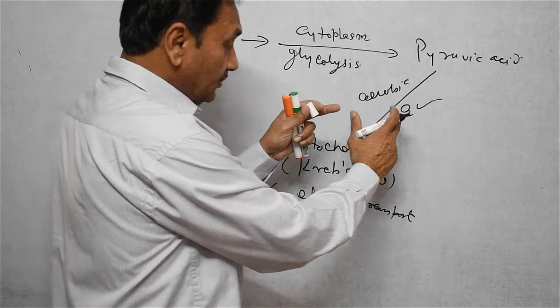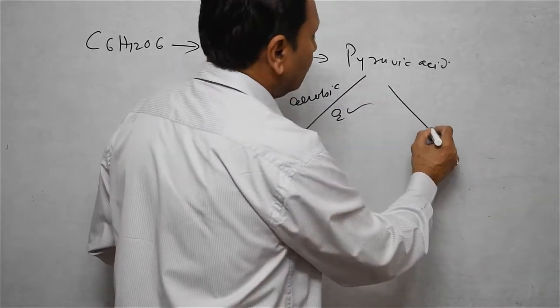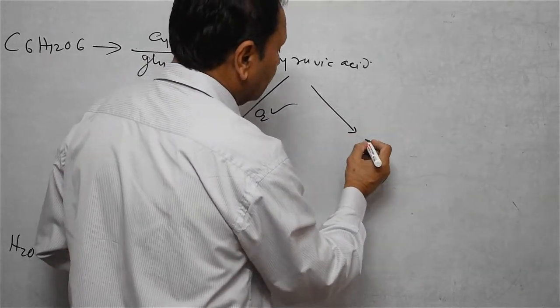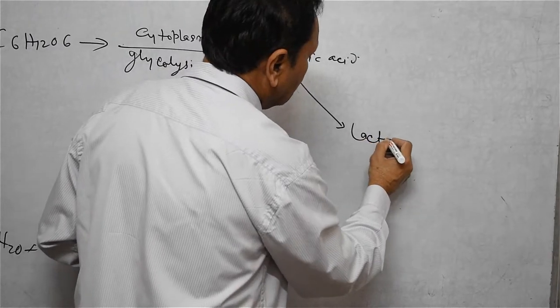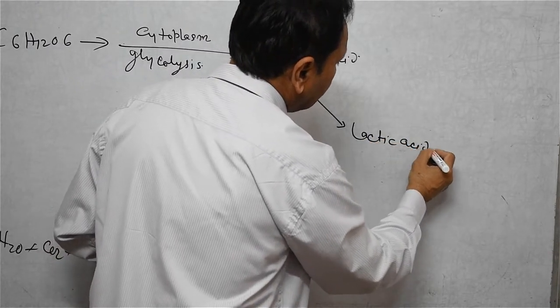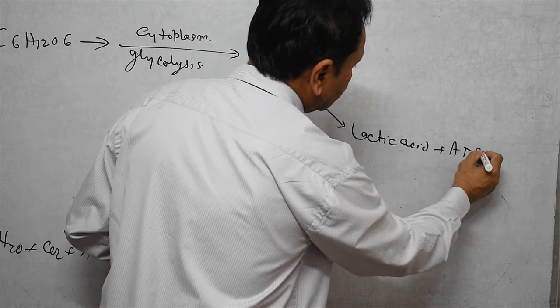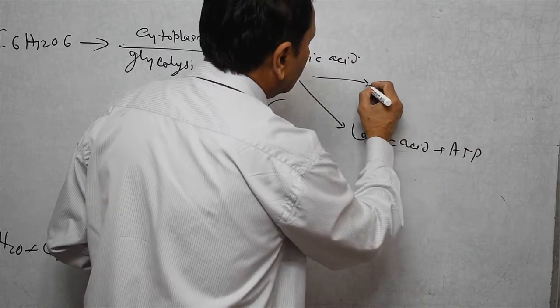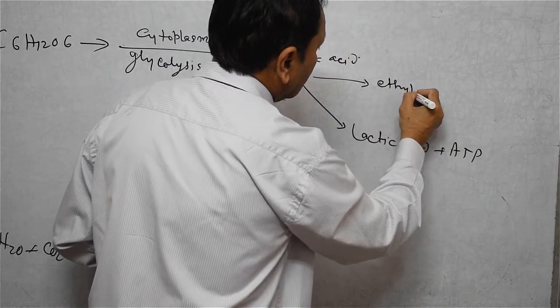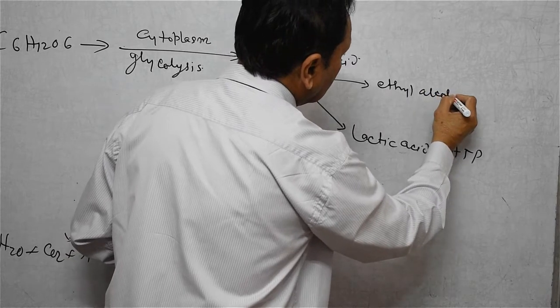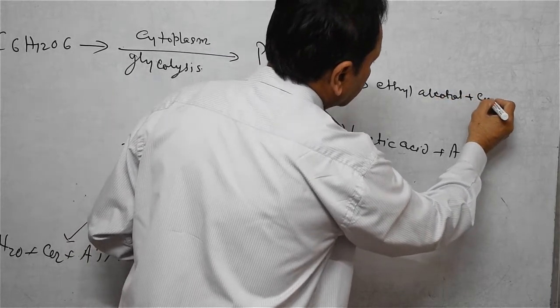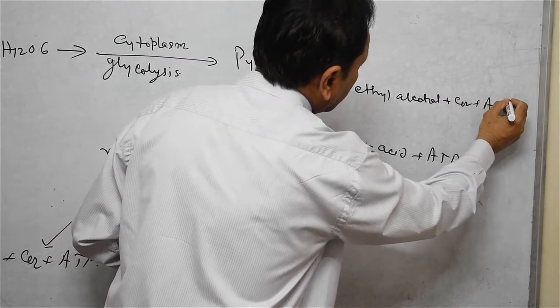If oxygen is not abundantly available, then what happens? Either it will convert into lactic acid plus ATP, or into ethyl alcohol plus CO2 plus ATP.